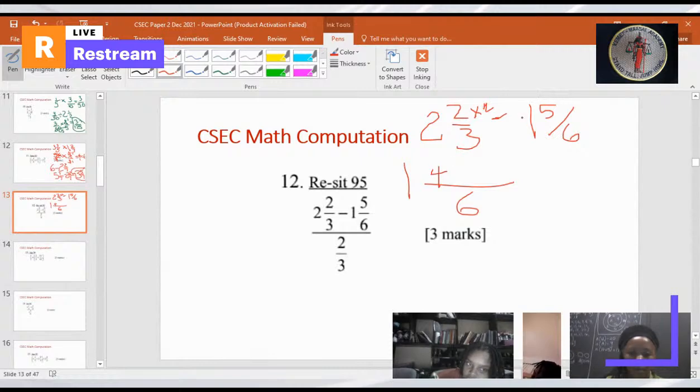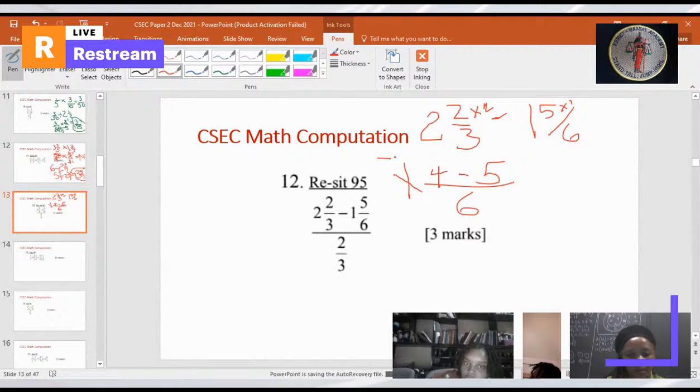And 6 divided by 6 is 1 time, so 5 times 1 is 5. Because we can't subtract 5 from 4 without getting a negative number, we're going to take a whole from 1, which will give you 0.